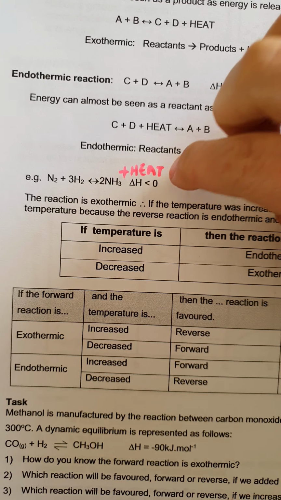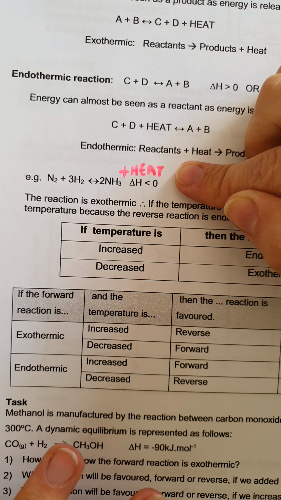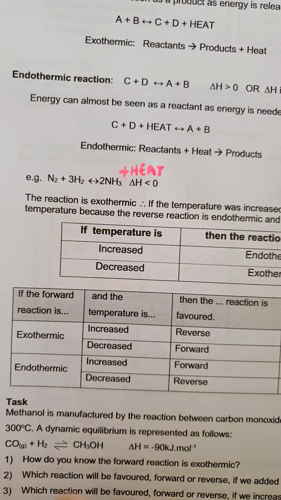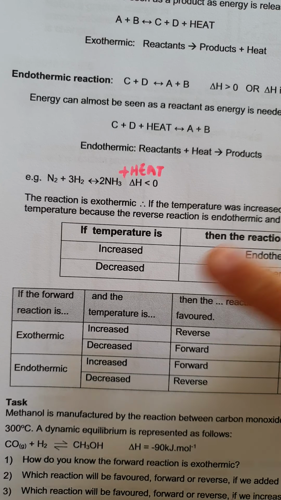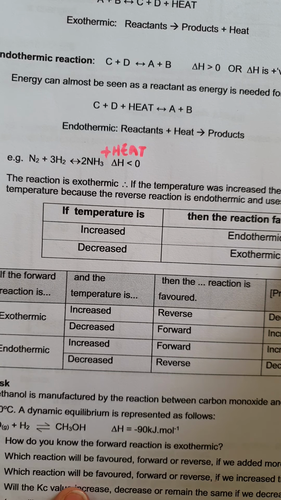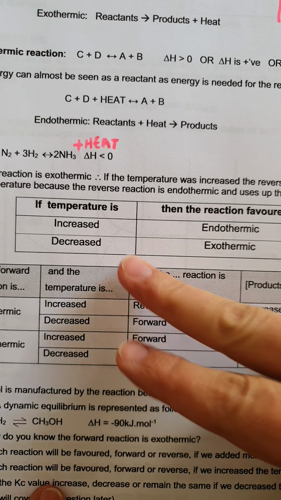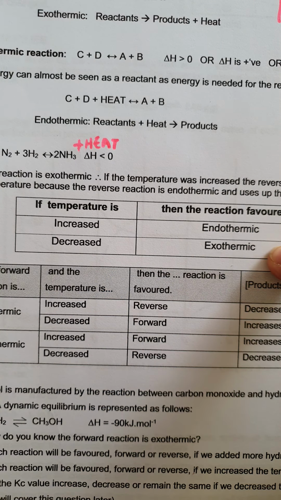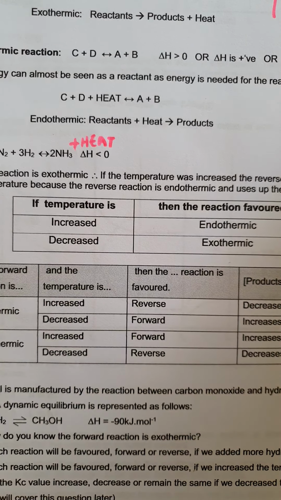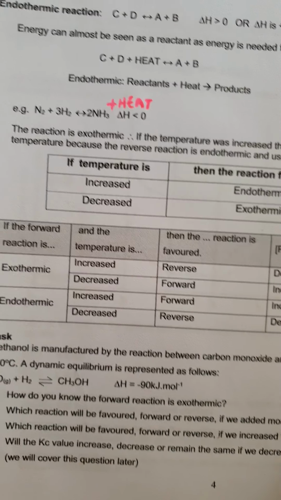It doesn't want more heat, so it has to use up the heat you've just added, and so the reverse reaction is favored. So if the temperature is increased, the endothermic reaction is favored because it's going to want to use up the energy. If your temperature is decreased, the exothermic reaction is always favored because it's going to want to increase that heat again. Here is a table of all these different things, and you can go through this and see if you understand it.